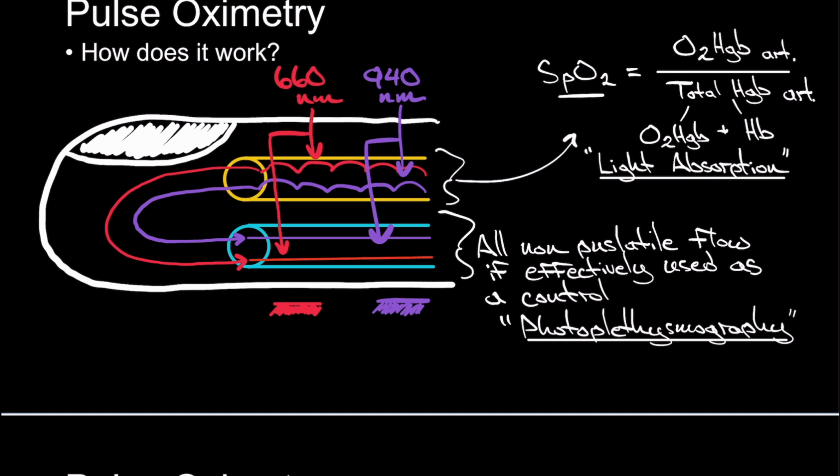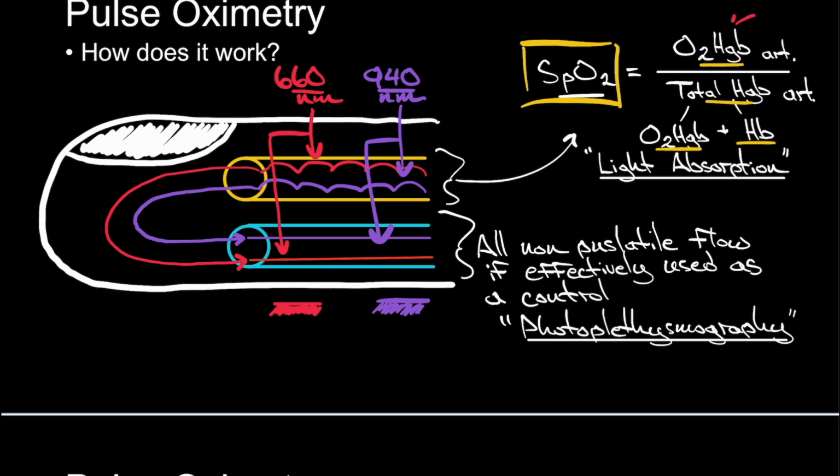How it does that is hemoglobin that's bound to oxygen absorbs light at 660 nanometers. Hemoglobin that is unbound to oxygen absorbs light at 940 nanometers. And then over here, you can see that your percentage of oxygen that's bound to hemoglobin is reported as your SpO2, and that's equivalent to your oxygen bound to hemoglobin over your total hemoglobin, which is composed of your oxygen-bound hemoglobin plus your normal hemoglobin.